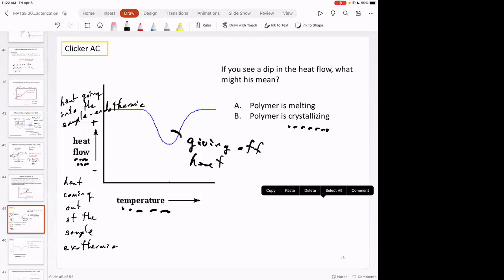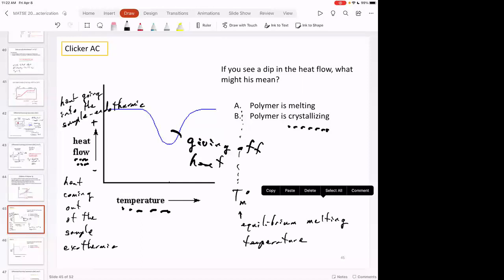So that's really important. And the important thing you really need to remember is that out here somewhere, there's this theoretical temperature called TM0, which is the equilibrium melting temperature.